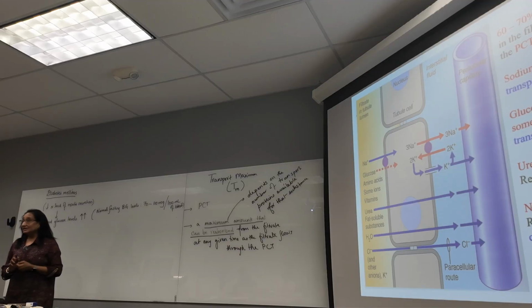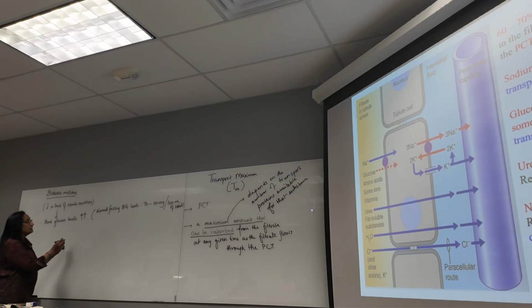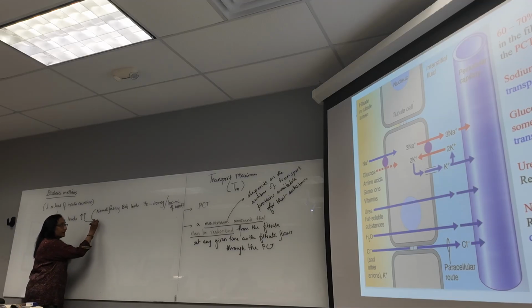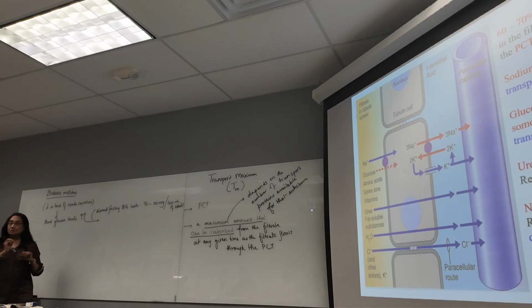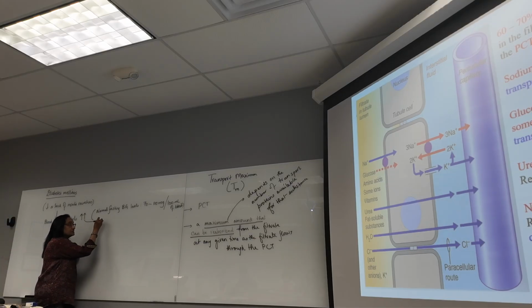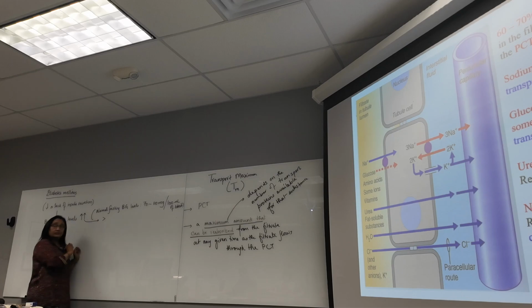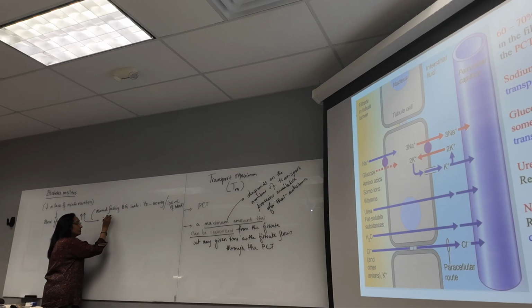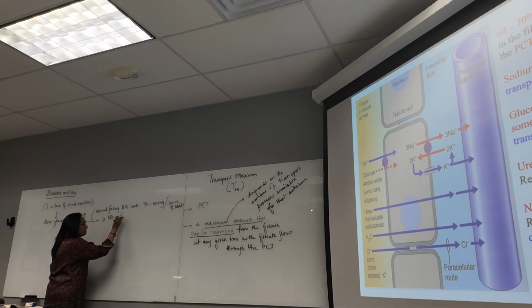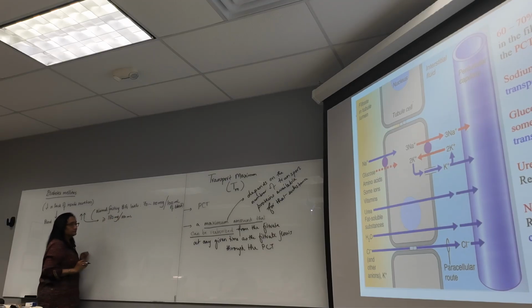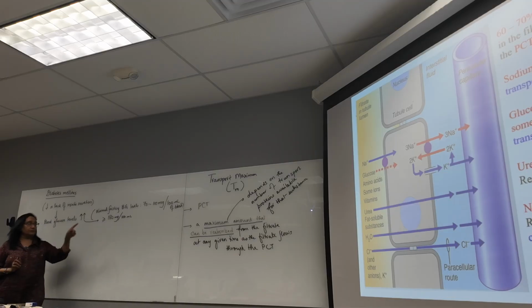Okay? But in a diabetic person, the blood sugar levels are high. Okay? So generally it is greater than or equal to about 180 milligrams in every 100 ml of blood. So it goes up.